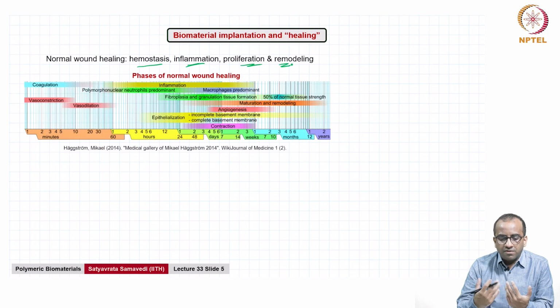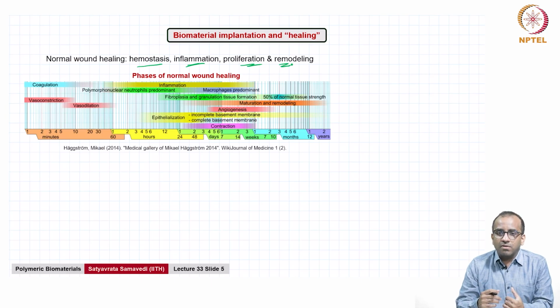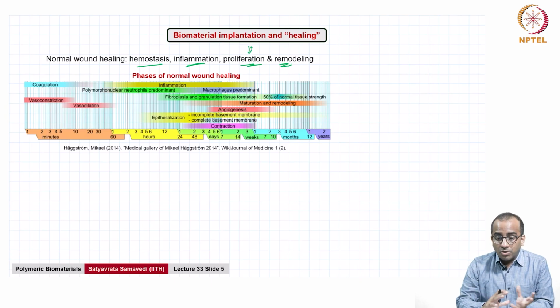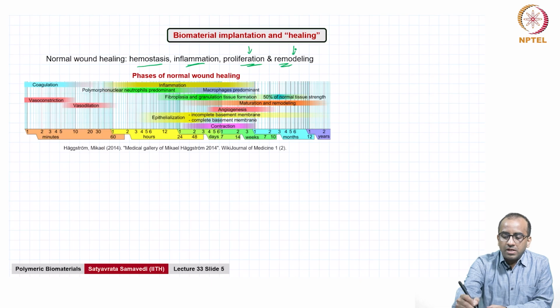Essentially, when you have normal or regular wound healing, after the inflammatory phase, the body is able to mount responses that resolve the inflammation, and processes such as proliferation or migration of cells to deposit extracellular matrix take over, eventually leading to remodeling.